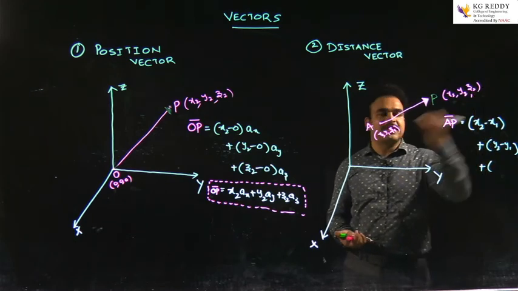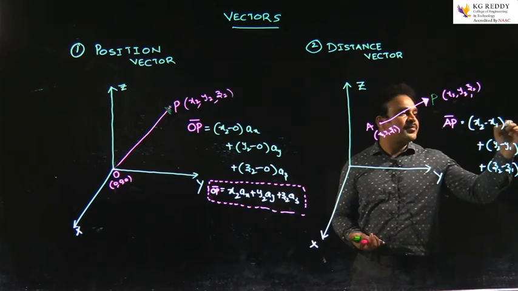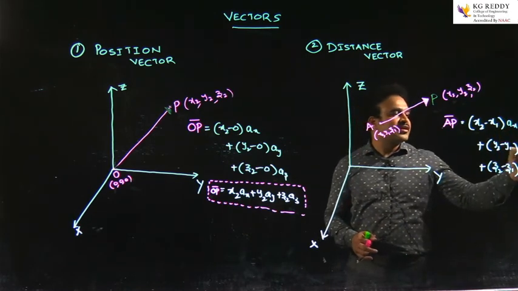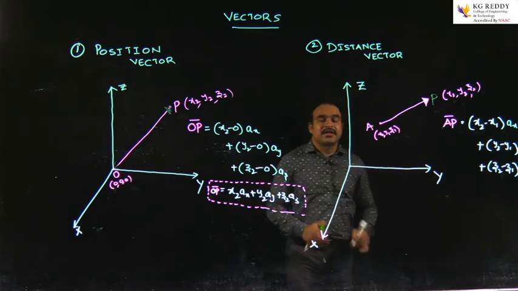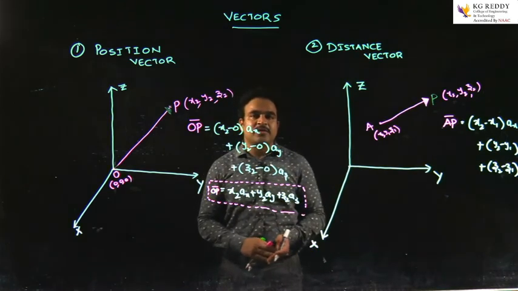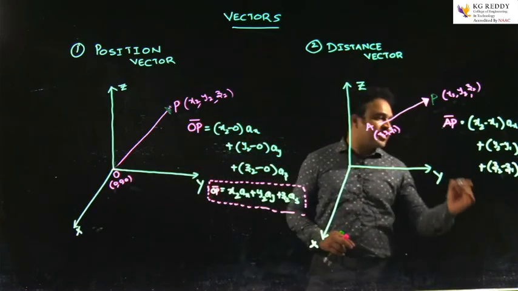So the end point minus the starting point. To represent this as a vector in the 3 coordinates, I am writing ax, ay and az. So ax, ay, az will represent the unit vectors which will have the unit magnitude as well as the direction. So this is AP bar.